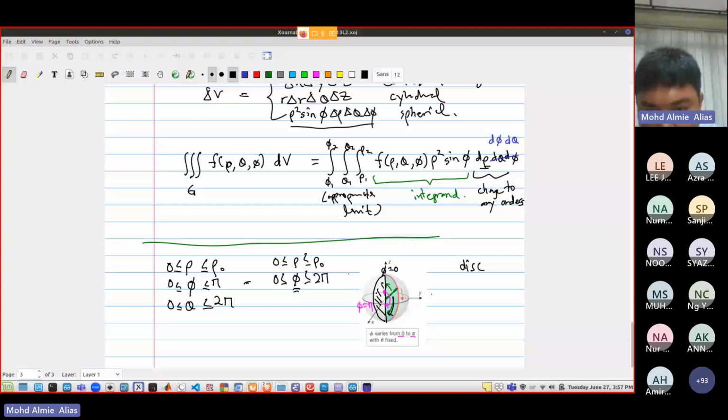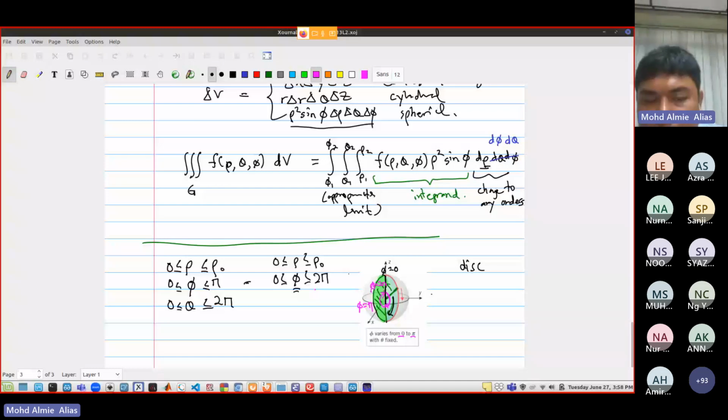Which means that now your phi is from 0 to 2 pi, because phi is calculated from the positive z-axis, which is from here, and then you move it not only here, but to this. That's why you have phi equals 2 pi.